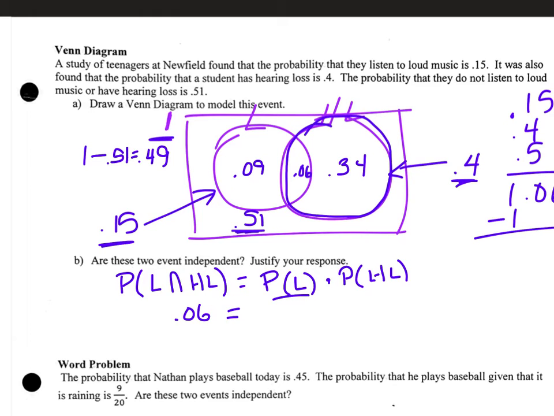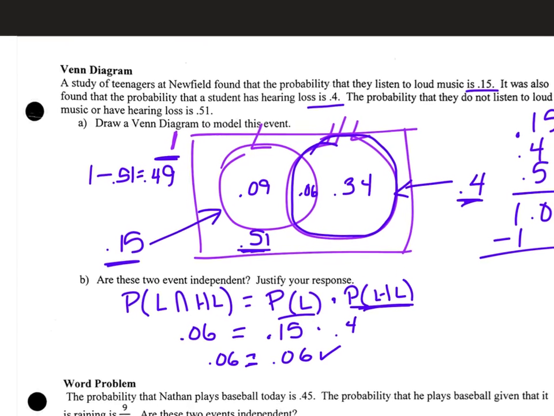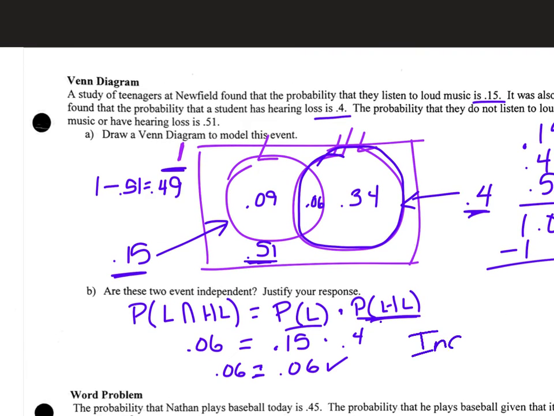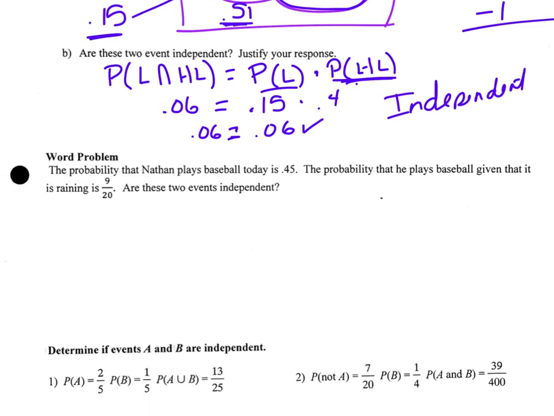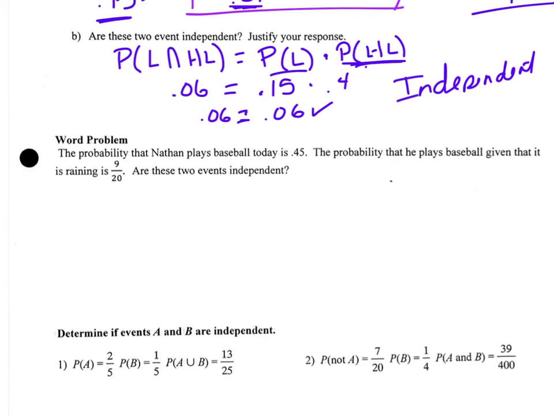The full loud music is 0.15, and the full hearing loss is 0.4. You multiply those 2 together, you get 0.06. So these two events are independent. That's the idea.